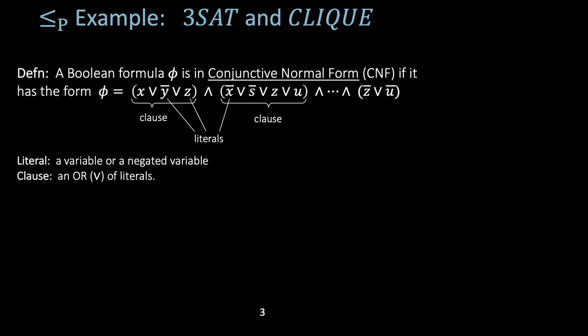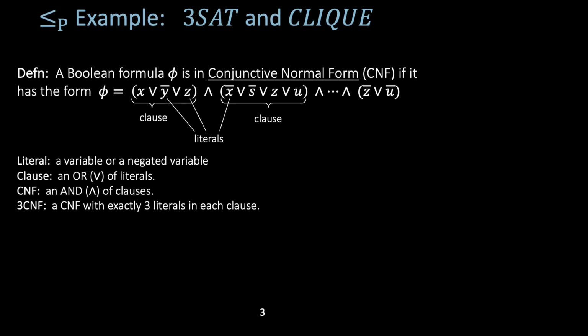So a literal is a variable or a negated variable. A clause is an OR of literals. A CNF, or conjunctive normal form, is the AND of those clauses. A 3CNF is a CNF with exactly 3 literals in each clause.